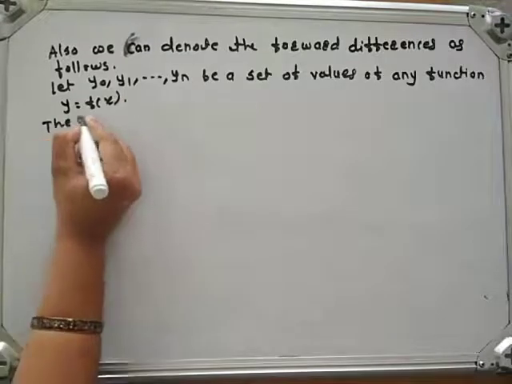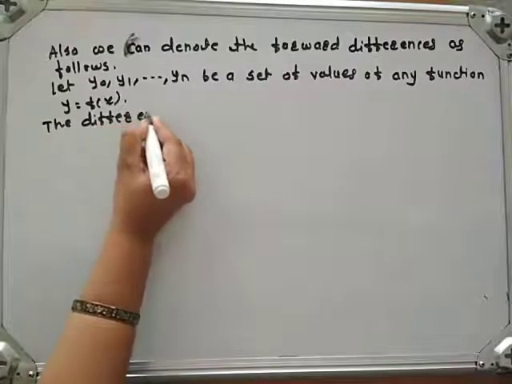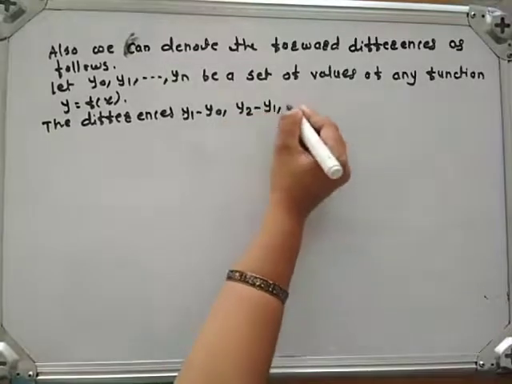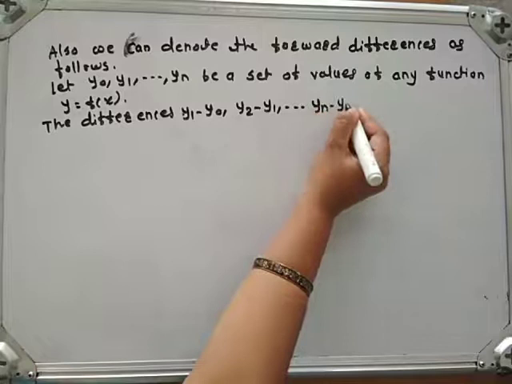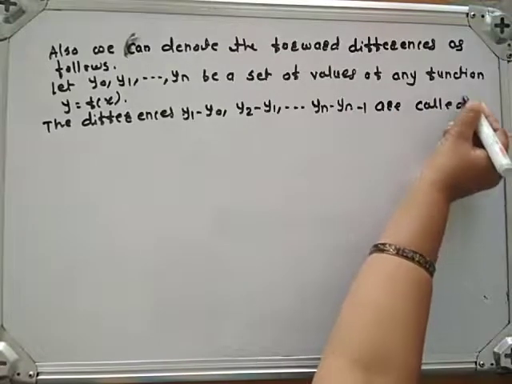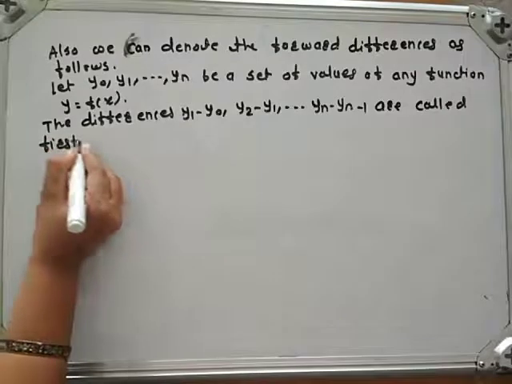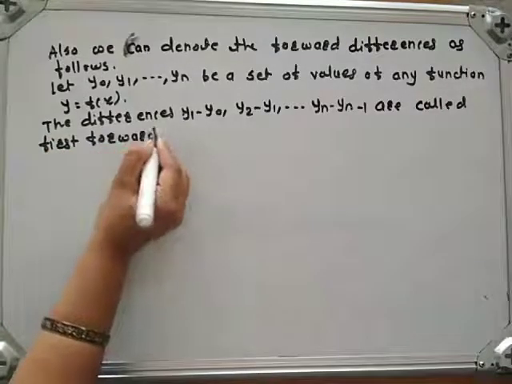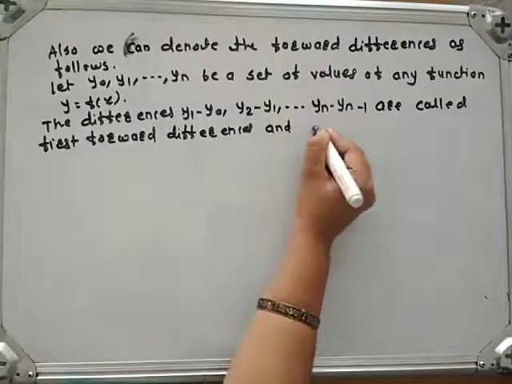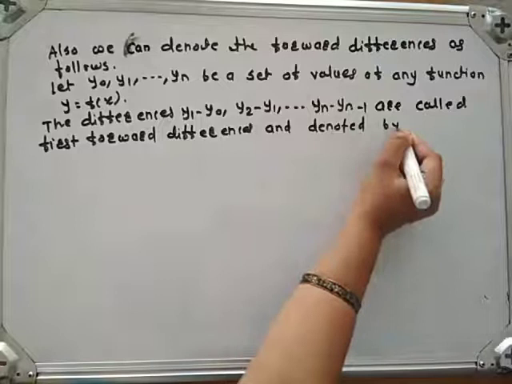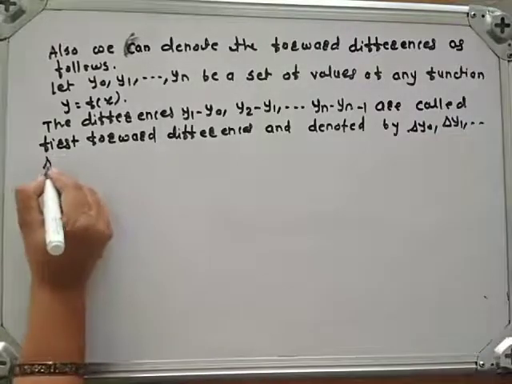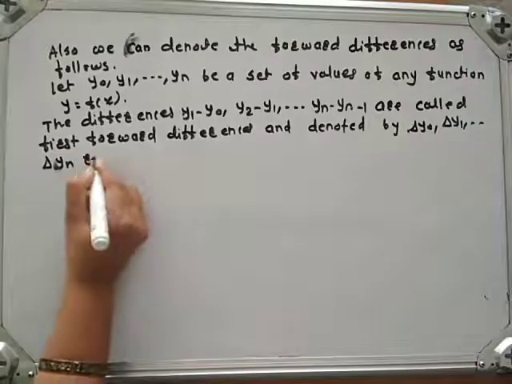The differences y1 minus y0, y2 minus y1 and so on up to yn minus yn minus 1 are called first forward differences and denoted by delta y0, delta y1 and so on up to delta yn respectively.